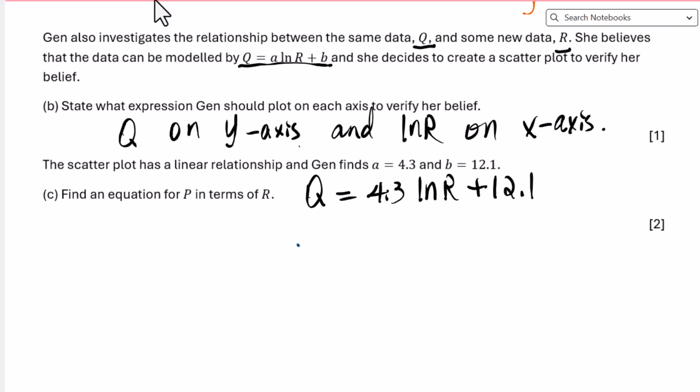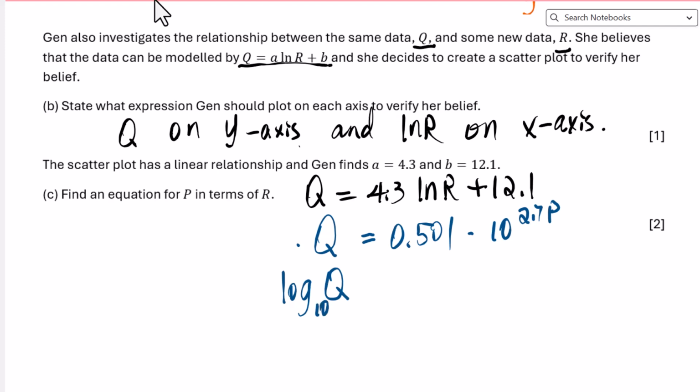From question A, we already got Q equals 0.0501 times 10 to the power of 2.7P, or common log of Q equals 2.7P minus 1.3.